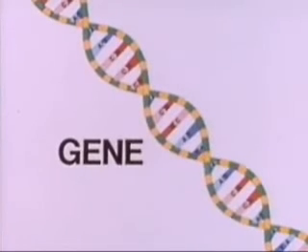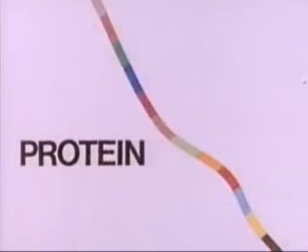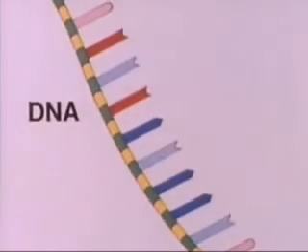A gene is any portion of the DNA chain which affects a significant part of the primary sequence of a particular protein. Genes regulate the synthesis of proteins, and the proteins, structural and enzymatic, determine the characteristics of any living organism. So DNA, which controls protein production, therefore determines the characteristics of the plant or animal in which it's present.